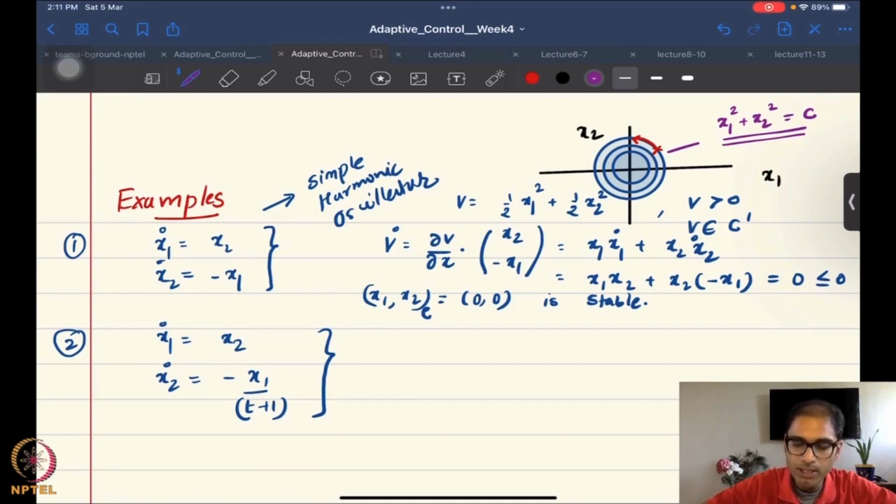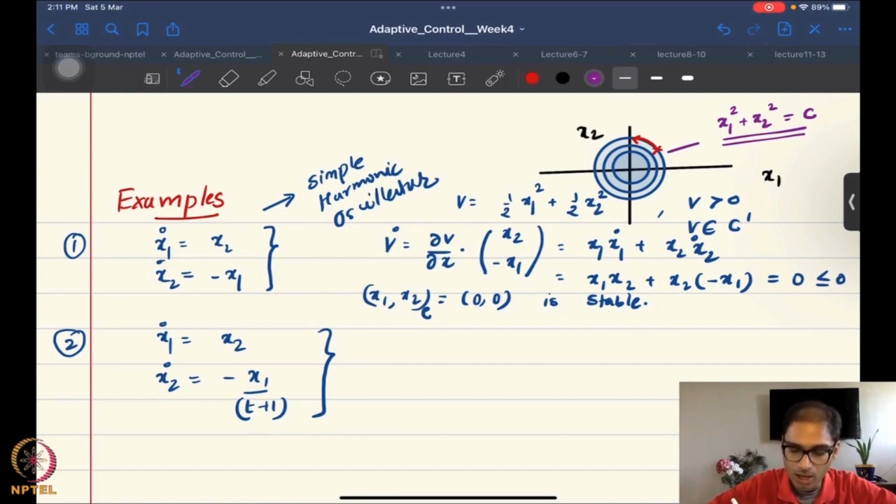It's x1 squared plus x2 squared equal to c. These circles are centered at the origin, although it doesn't seem like it from this picture. So the solutions follow x1 squared plus x2 squared equal to a constant. If I start at any point on a circle, I just keep following that circle.